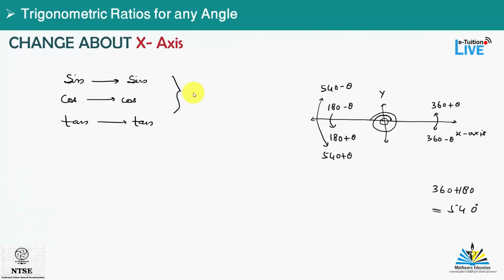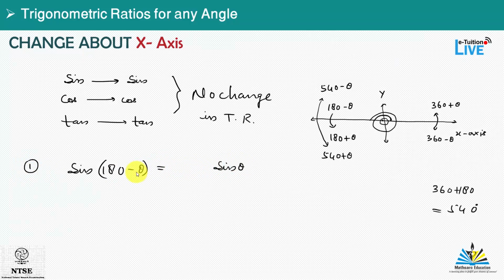So we have no change in trigonometric ratios. Like we have sine of 180 minus theta. Since this is a change about the x-axis, sine will remain sine theta.